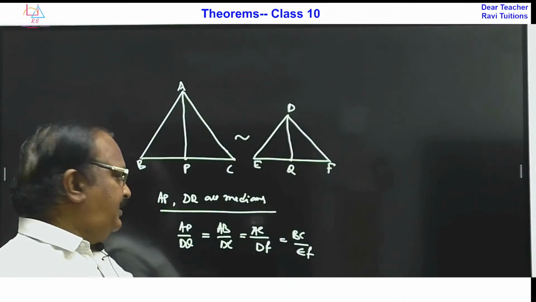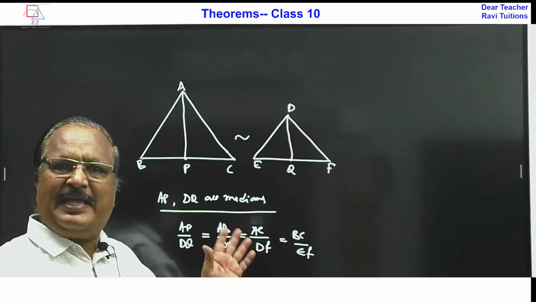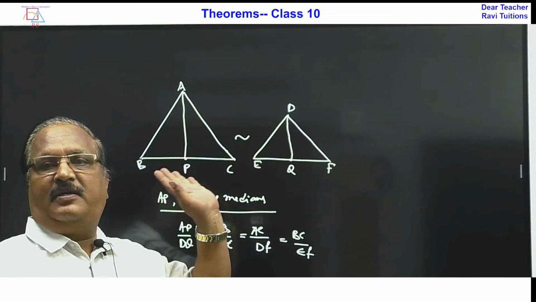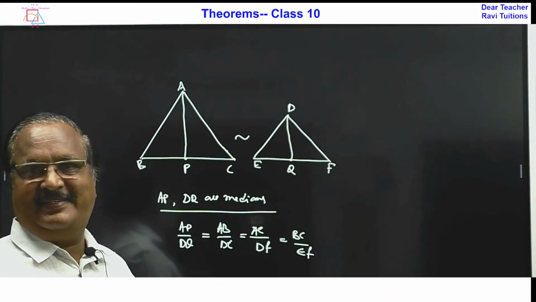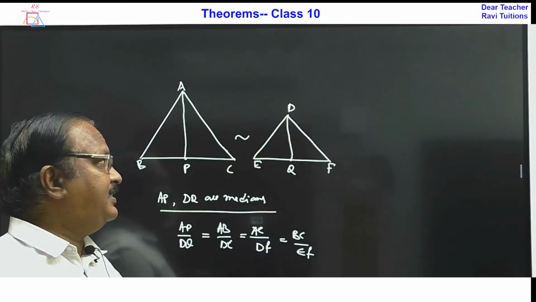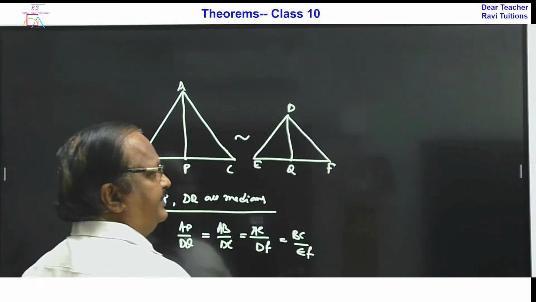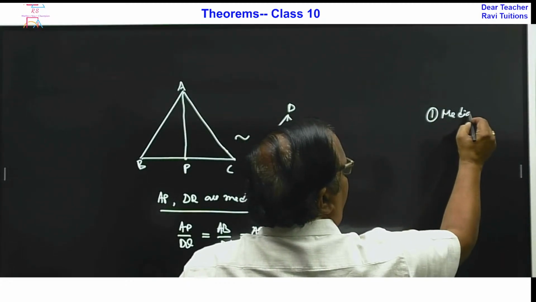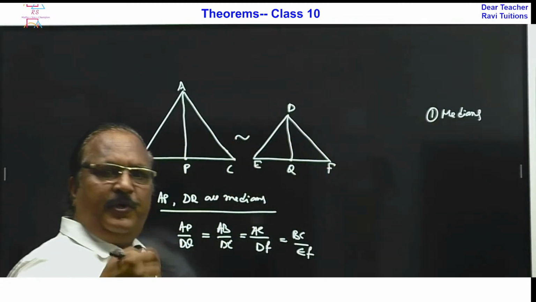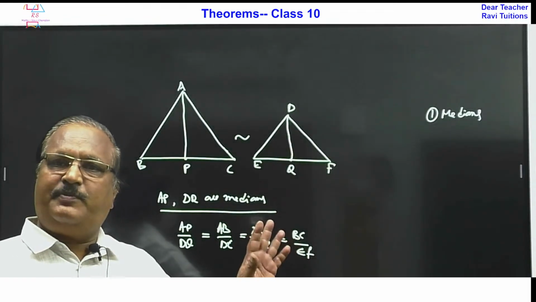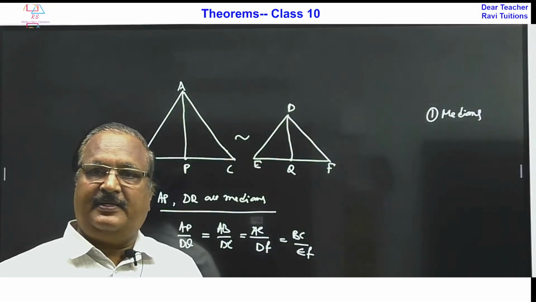That means the ratio of the medians is the same as the ratio of the corresponding sides of the similar triangles. You can prove this by yourself. So this is regarding medians. You can remember this point and apply it directly. It is like a theorem only.